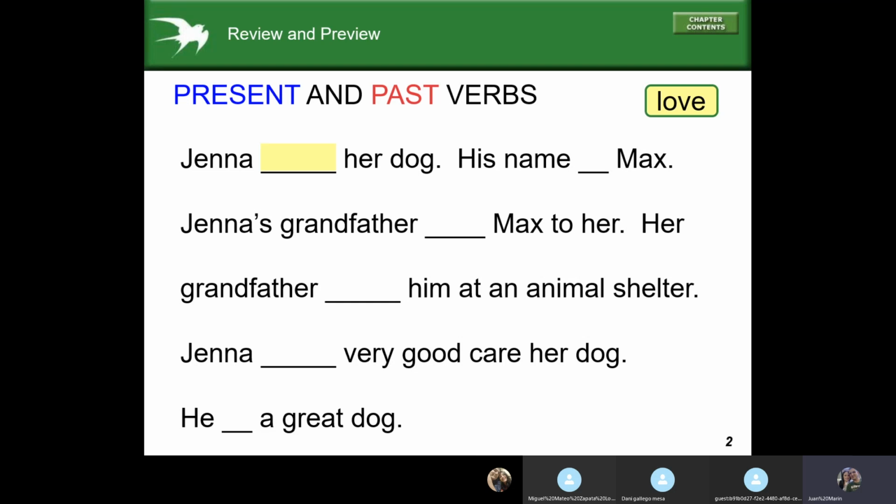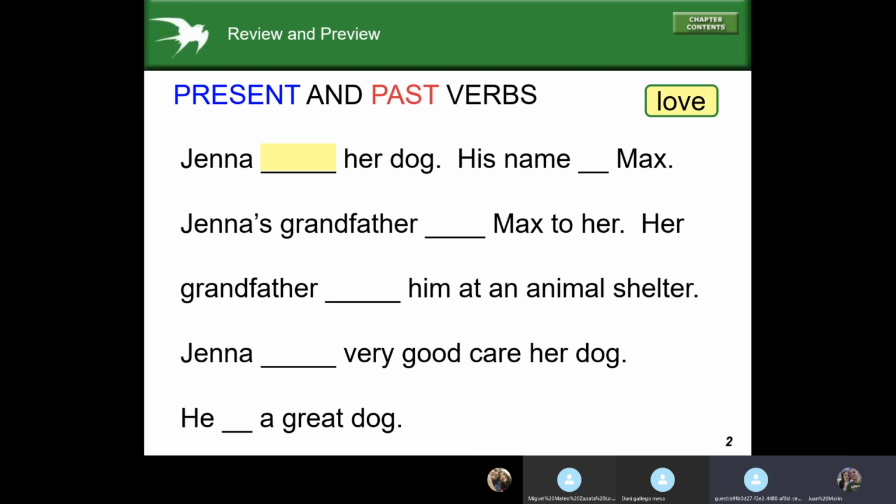Can you complete it? What do you think is the form of the verb here, according to the context? Teacher, Gina loves her dog.